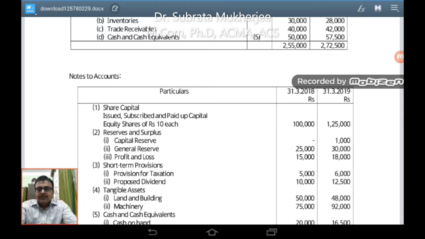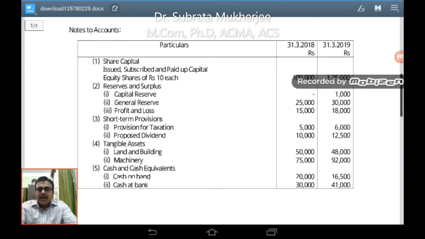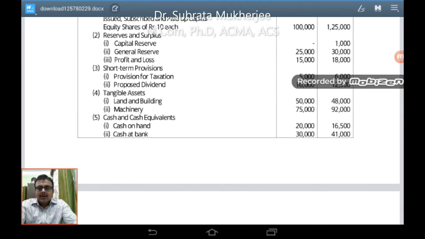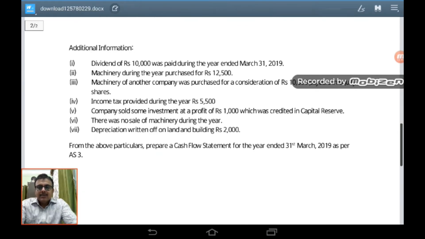Under short-term provisions, you have provision for taxation 5,000 and 6,000, and proposed dividend 10,000 and 12,500. Land and building 50,000 and 48,000, machinery 75,000 and 92,000. Under cash and cash equivalent, you have cash on hand 20,000 and 16,500, and cash at bank 30,000 and 41,000.